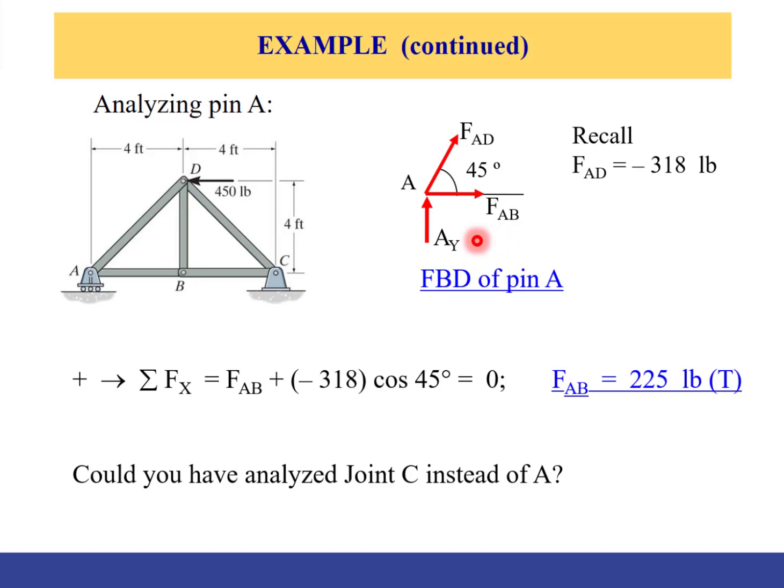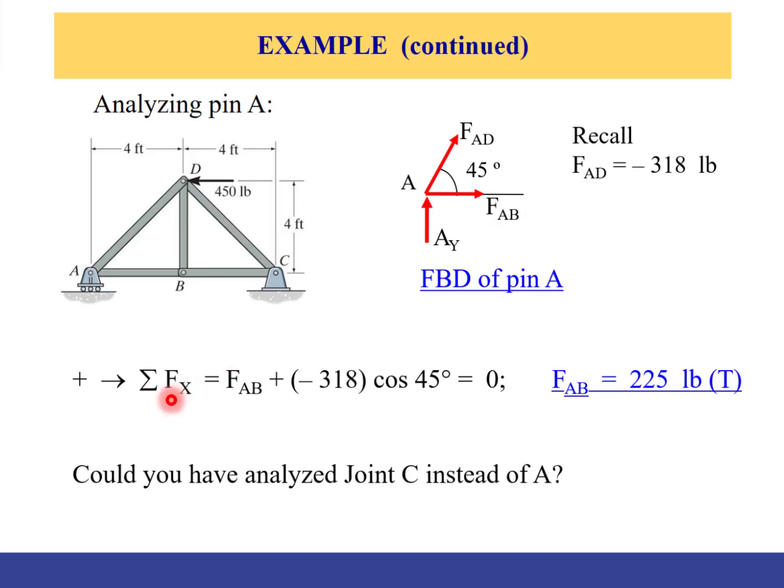As I mentioned earlier, you don't have to solve all the equations. Sometimes you don't need them, because the problem asks you to find the tension only in the members. I don't have to apply the forces in Y, because if I do, you will get AY plus FAD sine 45 equal to 0, and that will give you AY, but I'm not asking you for that. I'm asking you for FAB.